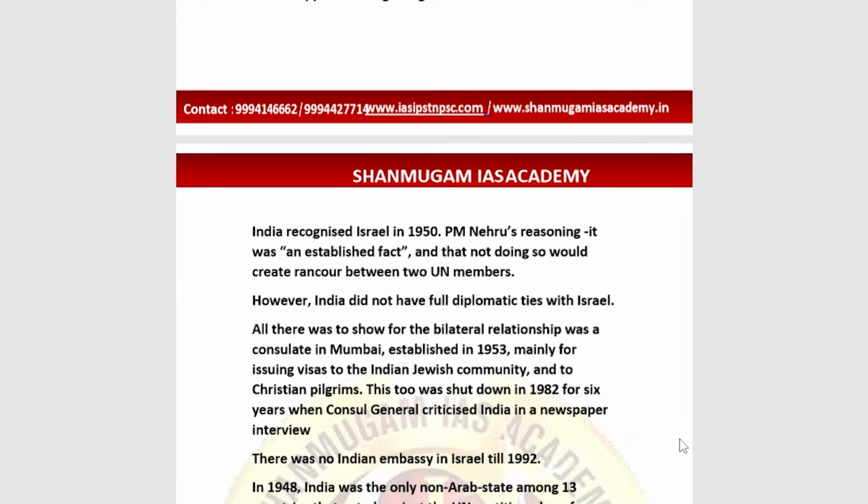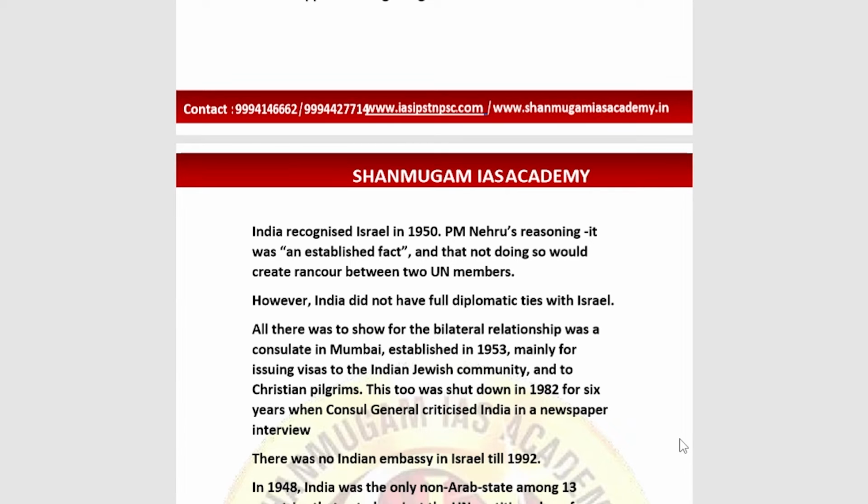In 1950, India recognized Israel after so many years, and PM Nehru's reasoning was that not doing so would create rancor between two UN members. They are also UN members. That was the reason given by the then Prime Minister. However, India did not have full diplomatic ties with Israel.